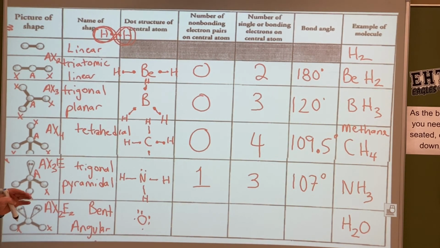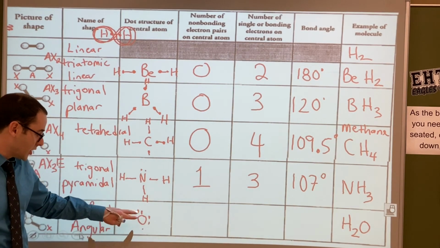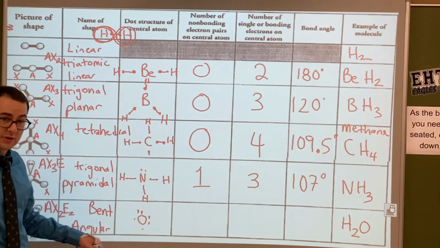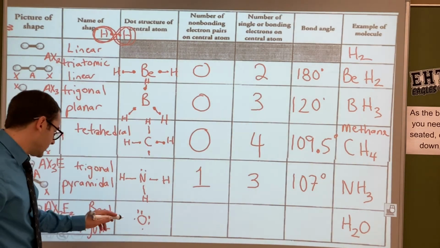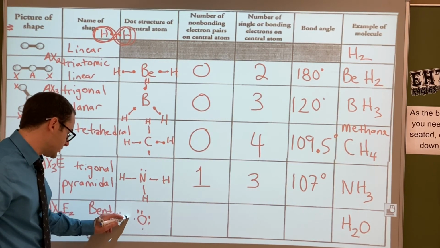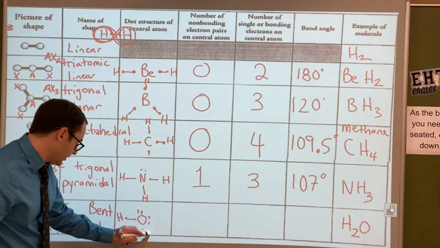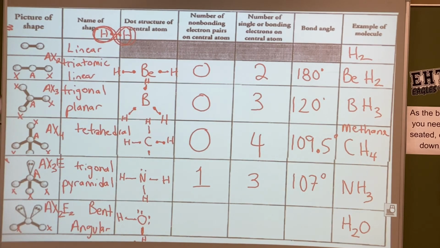That's what causes the bend. You can rotate this any way you'd like. You could have the double bonds on the other side. They just have to be next to each other. And so there's 2 single electrons here, so we can have a hydrogen bonded here, and then a hydrogen bonded here.